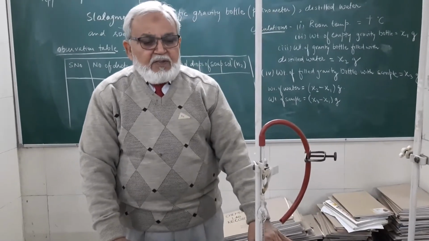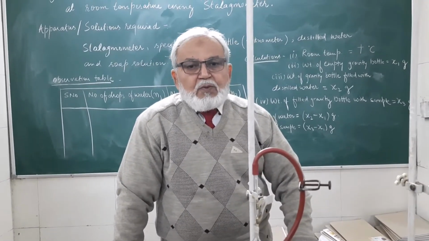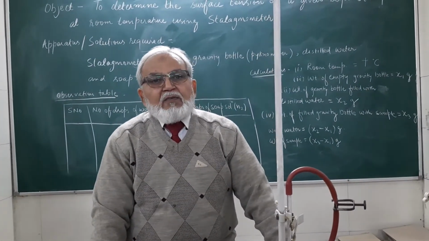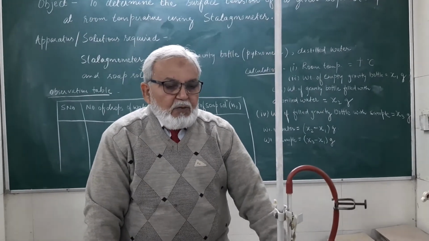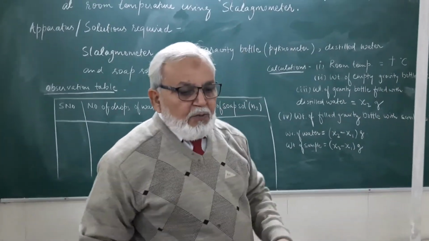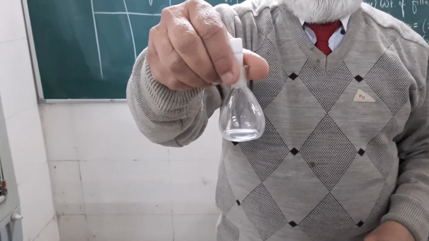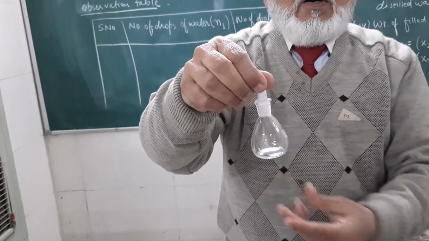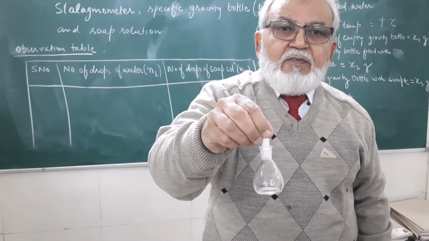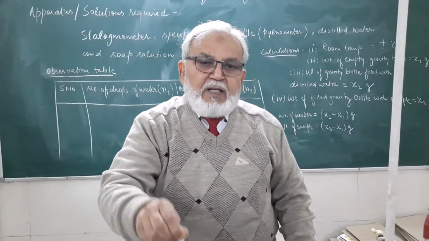Now the second part of this experiment is to find out the density of the two solutions, that is of distilled water and then of the given soap solution. For that, as you have seen, a pycnometer or density bottle is used. This is the empty density bottle, and it is weighed accurately on a chemical balance as you have done earlier.